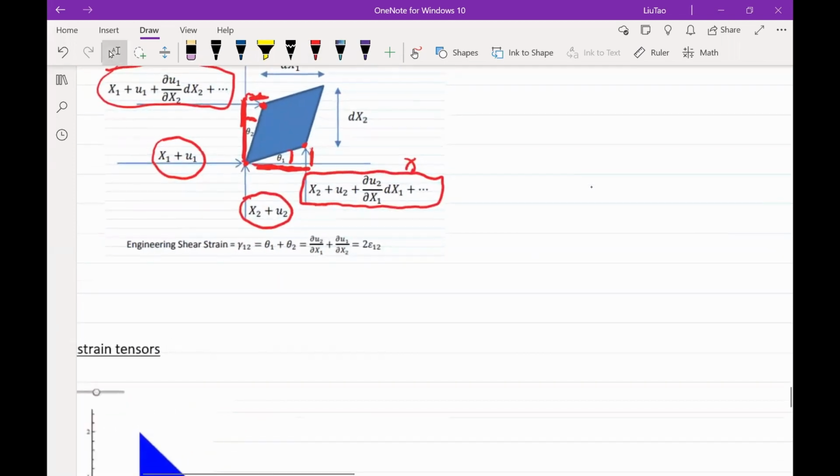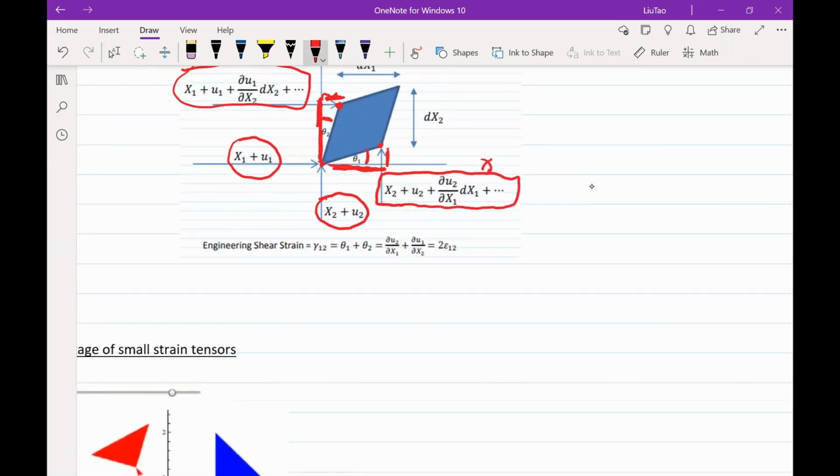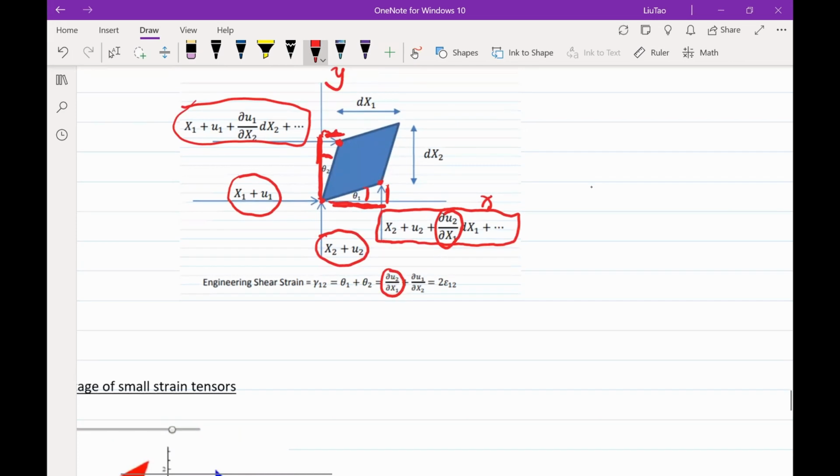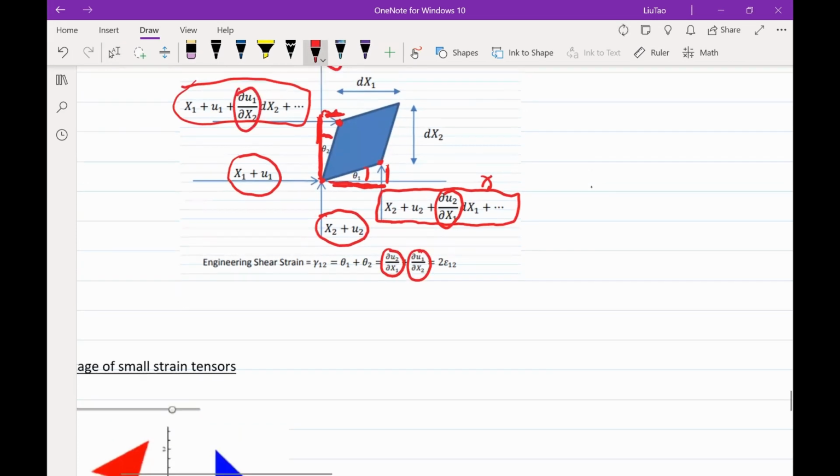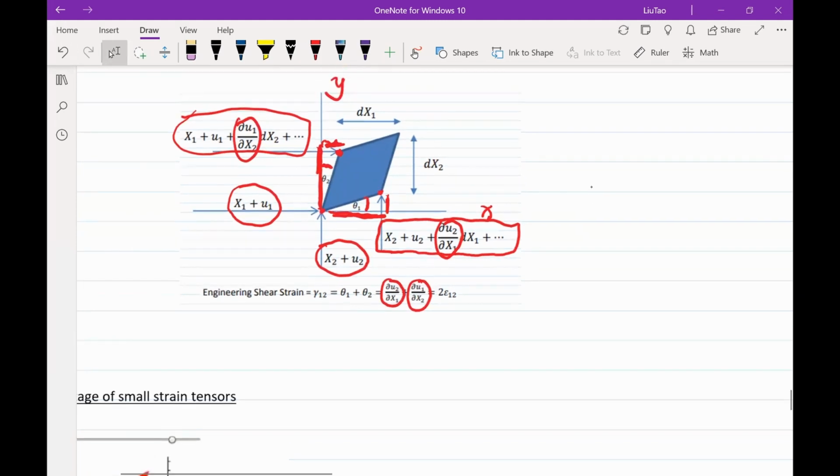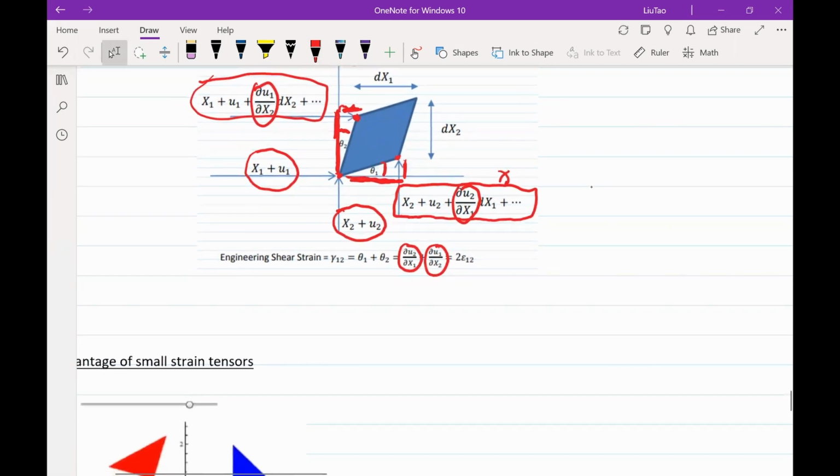So when we plug in, theta 1 is equal to this component, and theta 2 is equal to this component. So after this, we can find the engineering shear strain is the partial u2 over partial x1 plus the partial u1 over partial x2.